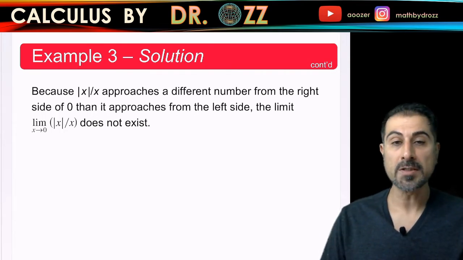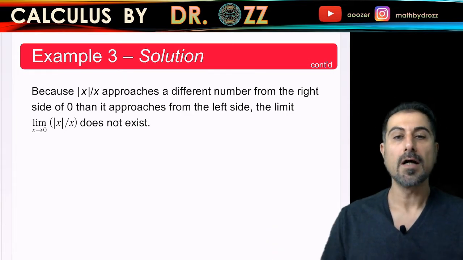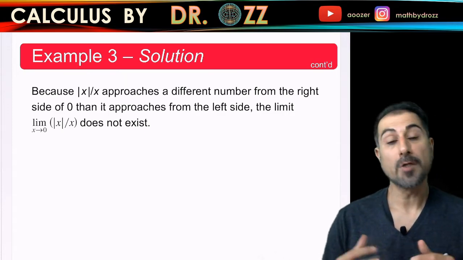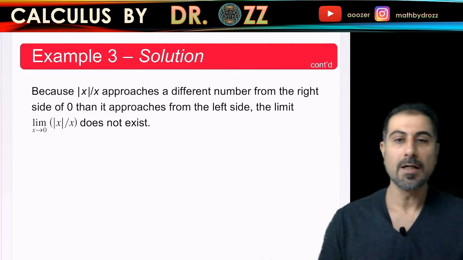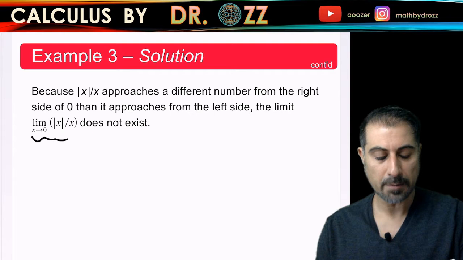So the conclusion is that the left limit is different from the right limit, or f of x approaches different numbers on the left and on the right of x equals 0. For that reason, the conclusion is the limit does not exist.